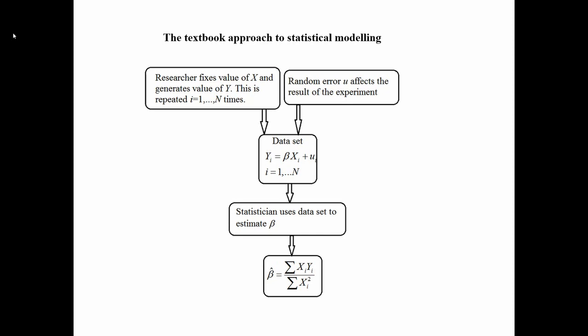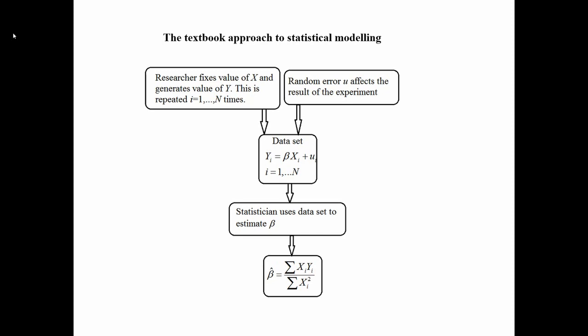The textbook approach assumes that we conduct experiments in order to generate our data. So we start off by choosing values of the x variable and then conducting an experiment which generates a set of values for another variable y. And we repeat this however many times we choose to.